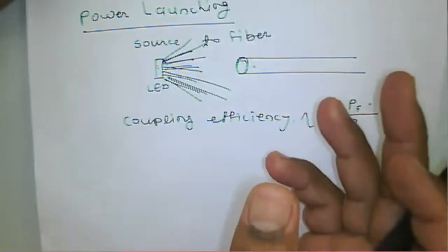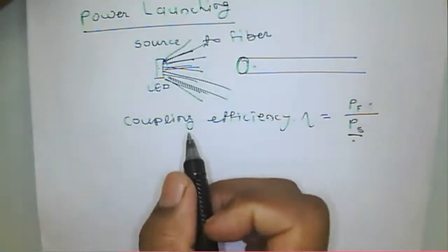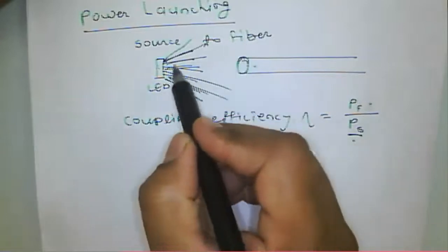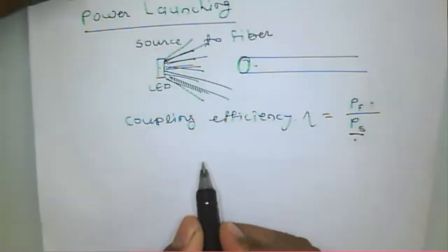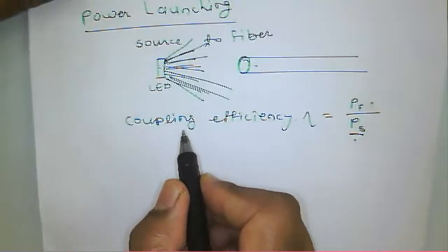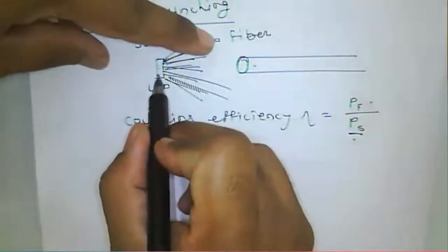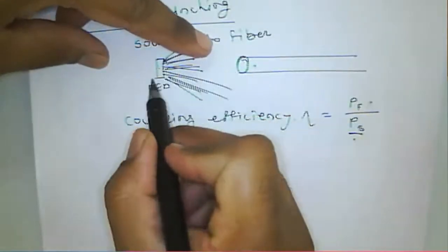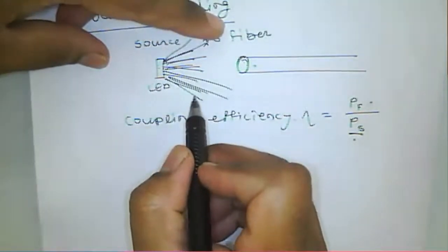Whether we want to use a lens or not depends upon the type of source and the type of fiber. Then in between we use a lens here.